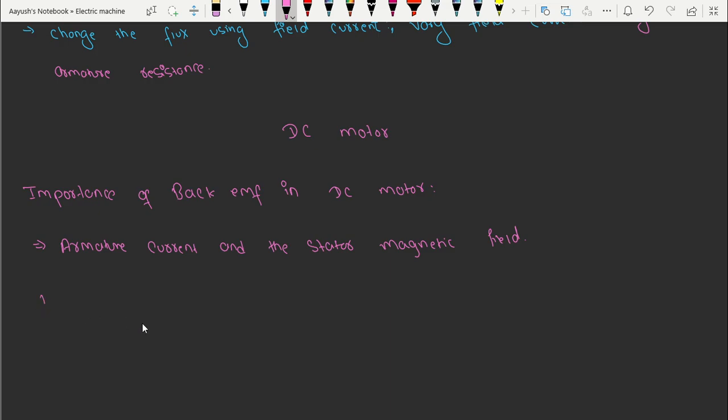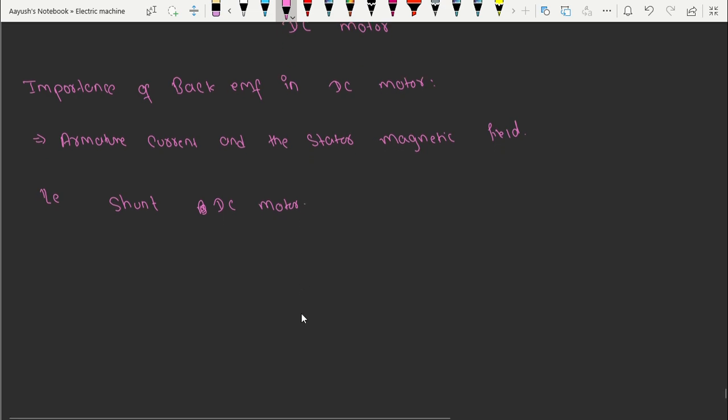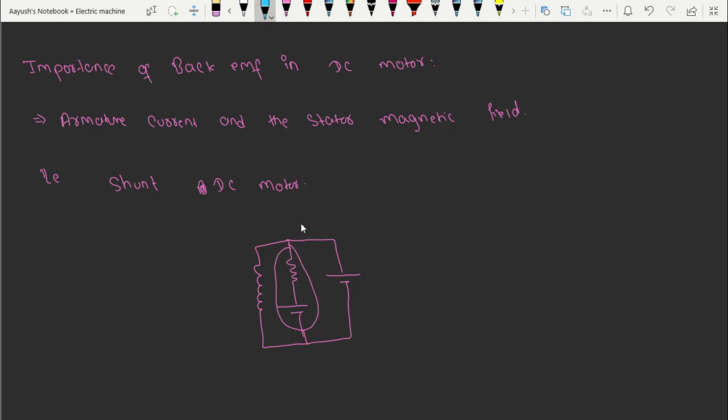Okay, let's make a simple DC motor, a shunt DC motor. As we know, there are different types of DC motor. Now take an example, the shunt DC motor, and its equivalent circuit would be like this. This is the primary source, this is the field winding, and inside is what we call the armature.